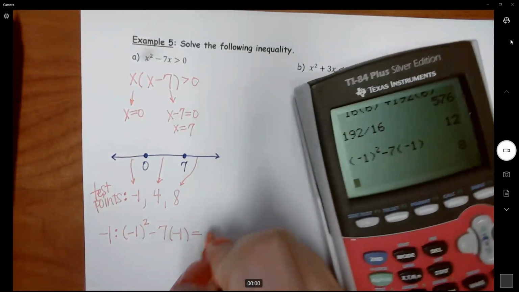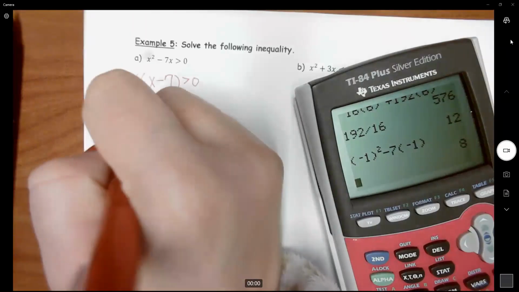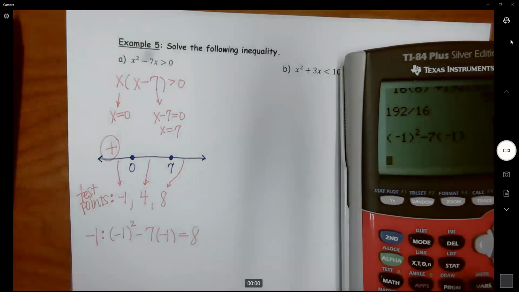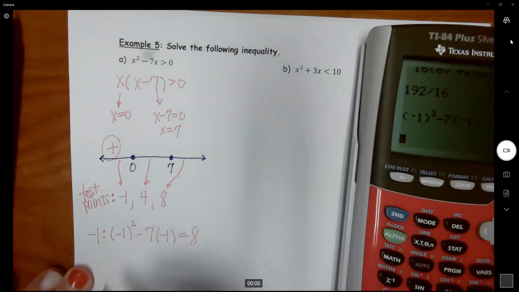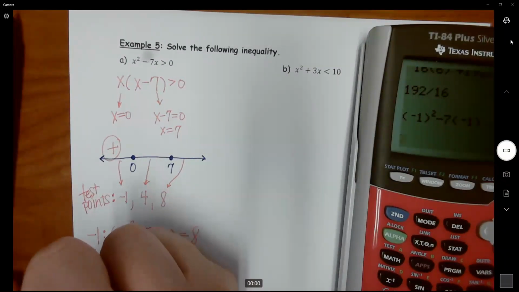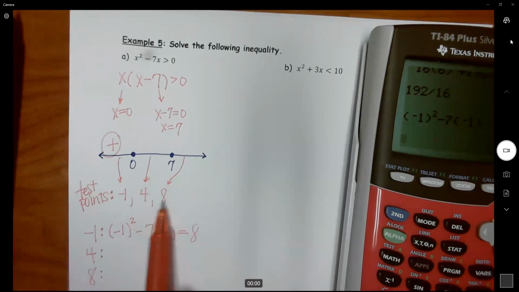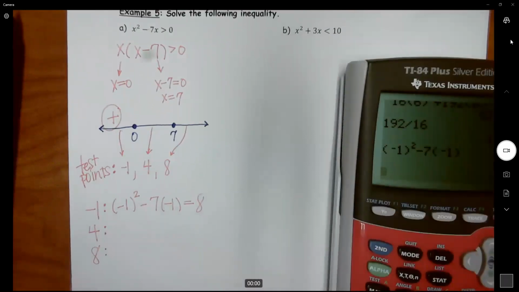Here we get 8, so I get positive here. Now I'm going to go ahead and plug in 4 and 8, my other 2 test points. But really and truly, you should have enough information.